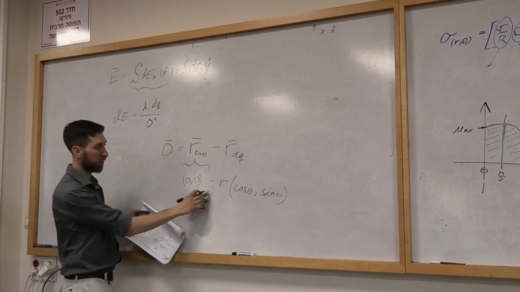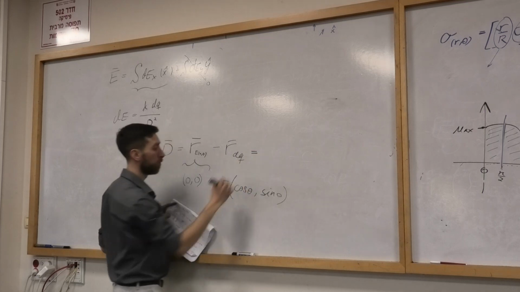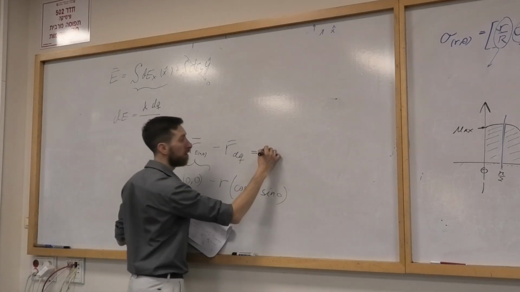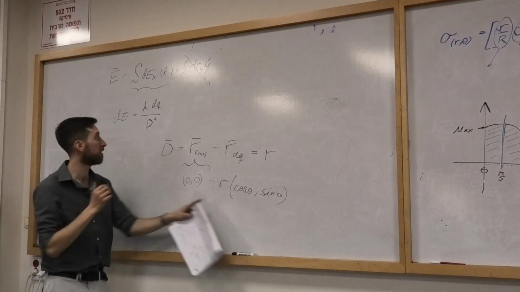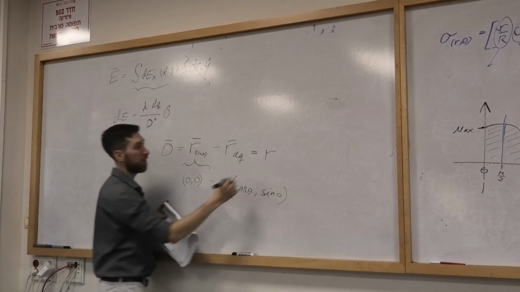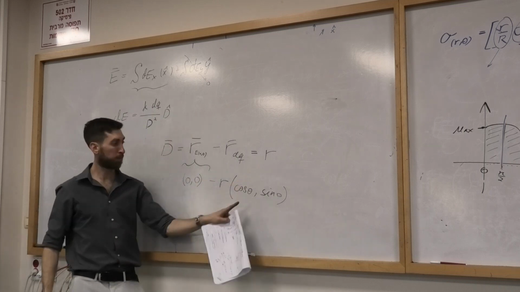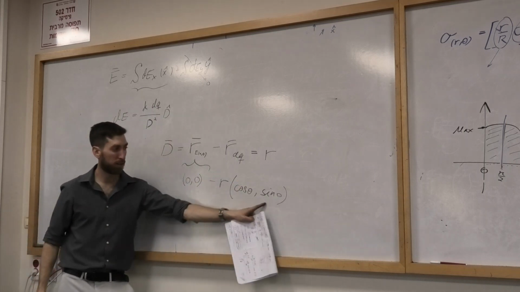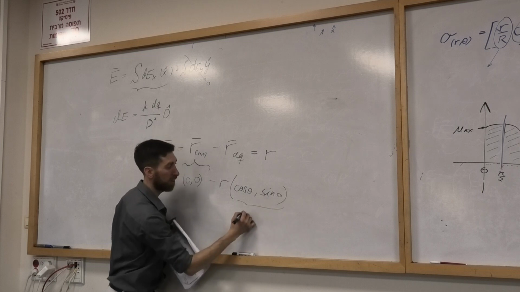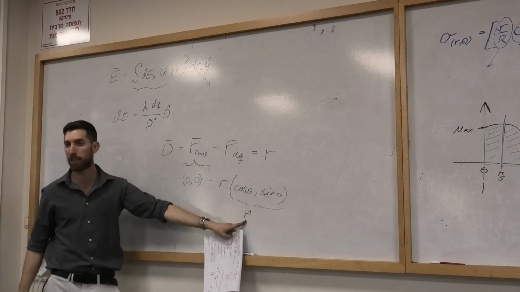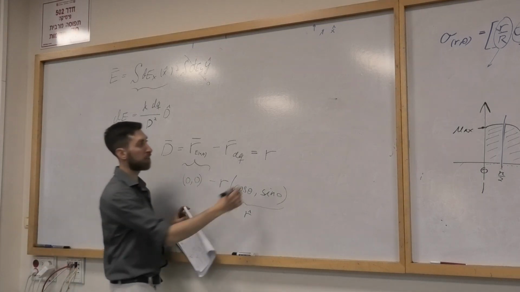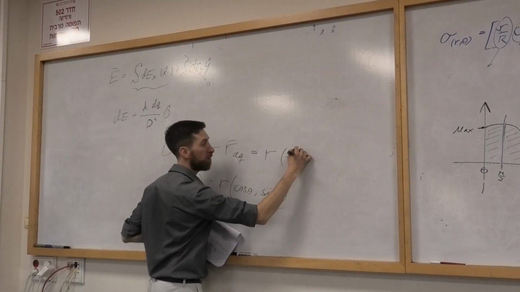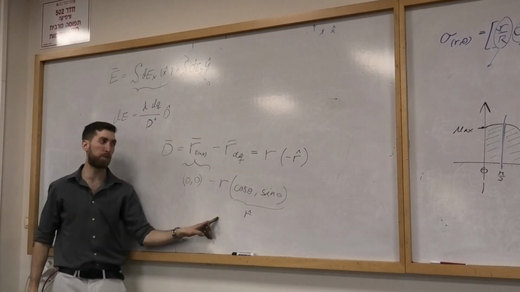What I want you to see here is that the magnitude of this vector is r, but what is the direction it is pointing? Not negative x. Be careful, this is the vector. This coordinate is r hat, the radial one, but you've got a minus here. So this is actually minus r hat. This is super important.